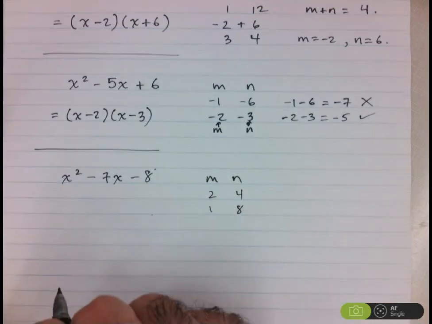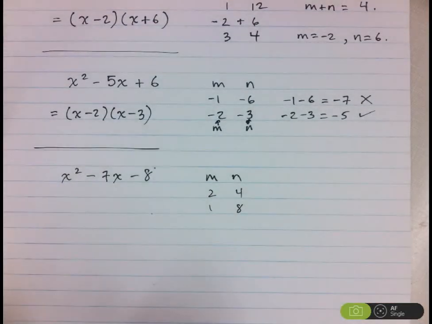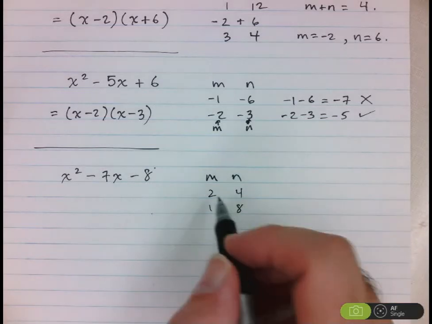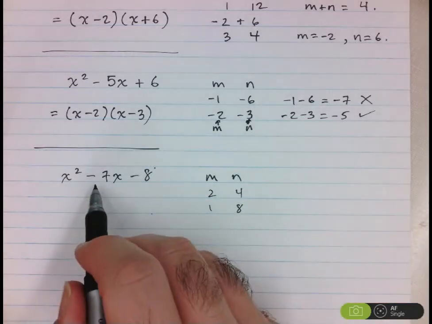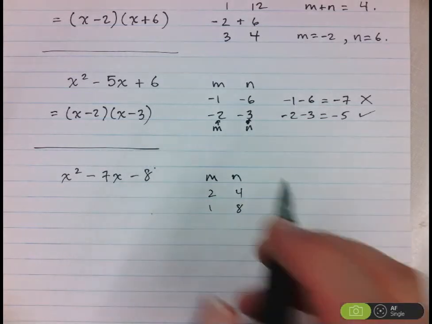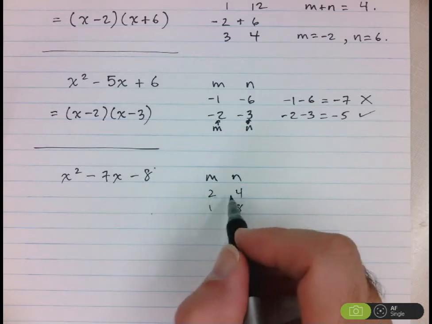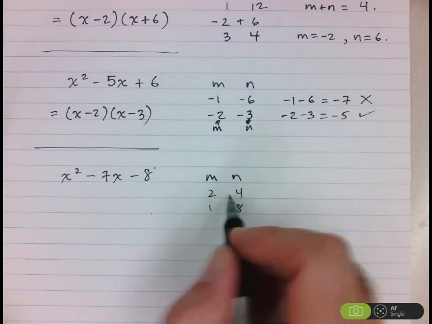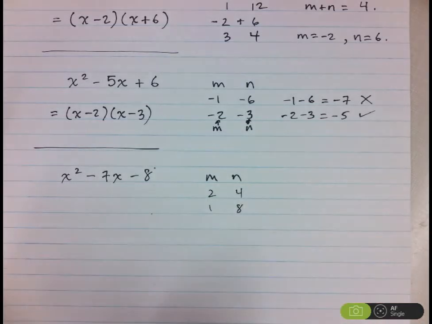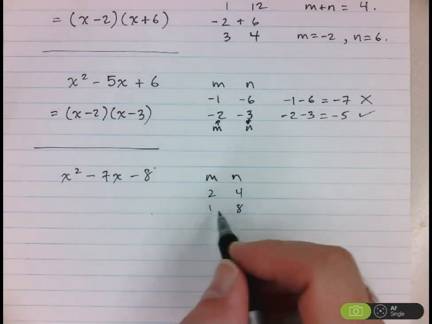Okay, the obvious one there. So let's see what happens, keeping in mind that one of them has to be negative. So I have to have these add up to negative 7. Well, there's no way with 2 and 4 that even with one negative I'm ever going to get negative 7. Let's take 1 and 8.